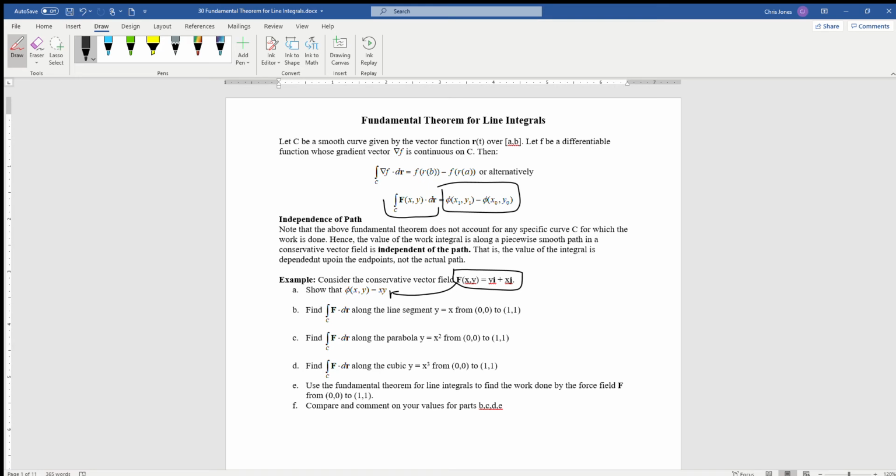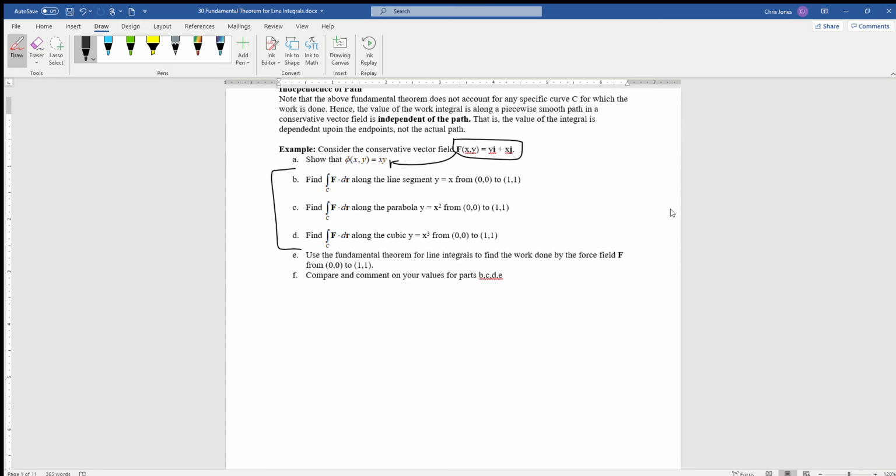We're going to evaluate F dot dr along three different paths. And on those three different paths, we should end up with the same solution. Then we're going to use the fundamental theorem of line integrals. And then finally, if truly this is valid, then we should end up with the same values for parts B through E. So let's see what happens here.